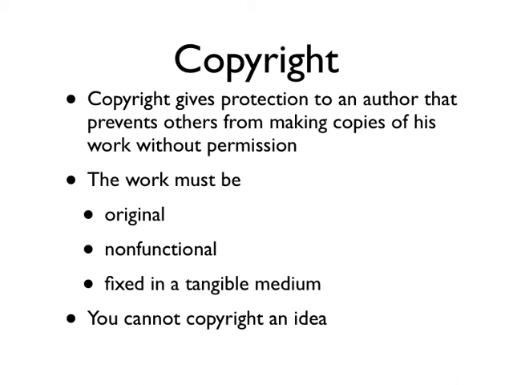And copyright is a scheme set in place, typically policed by governments. But it's perhaps better to think of it as a contract between authors and society. You know, they give us something and we give them something in exchange.